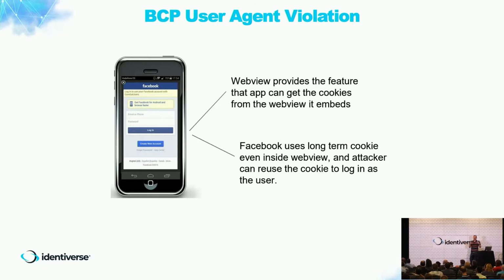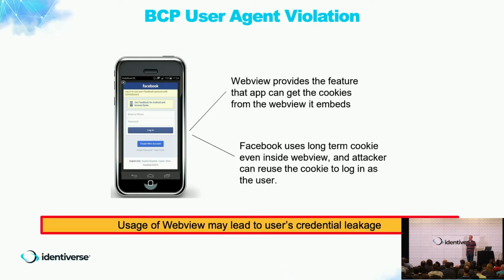The alternative, which is the bad thing to do, is that you just use a web view, and the web view is running within the context of the mobile application, and it means the mobile application's able to spy on anything that goes on in that view, which means they can steal the user's username as they enter it, they can steal the user's password, they can get the cookie after the user's logged in if it's an MFA type login, and that's not the kind of access we want the mobile apps to have. The whole point of OAuth is that the apps never get access to the actual user's credentials that would give them wider access than the thing the user actually wants them to access and has authorized them to access.